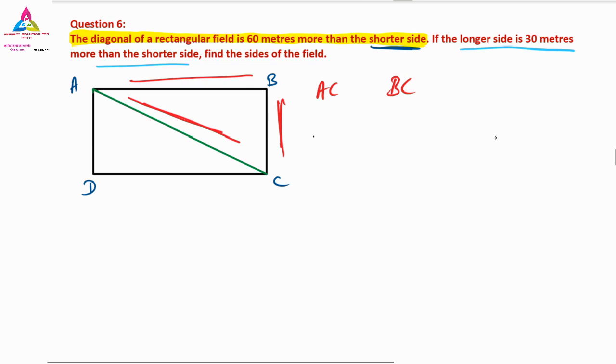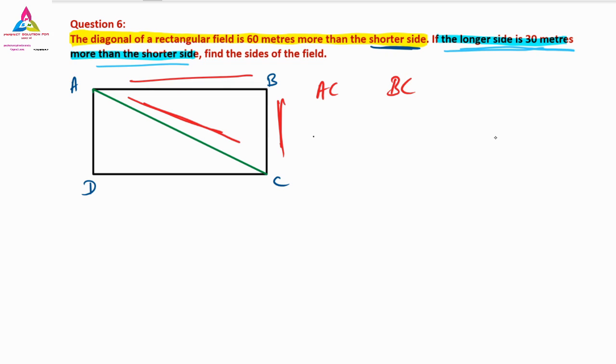In the next statement, the longer side is 30 meters more than the shorter side. So which one is being compared with what now? Quickly, the longer side, length and breadth.